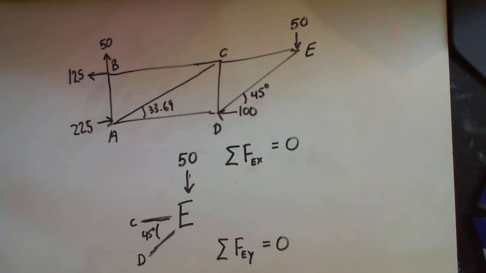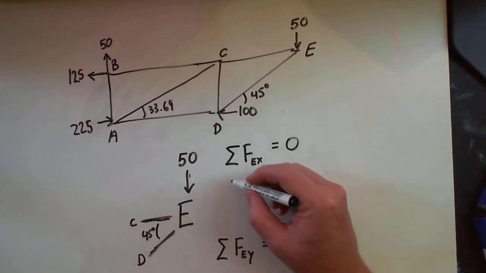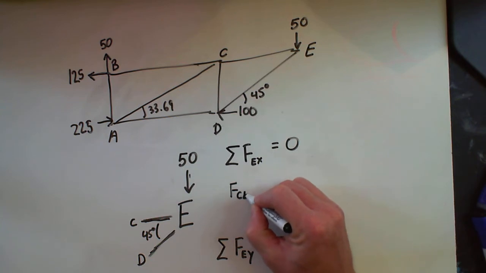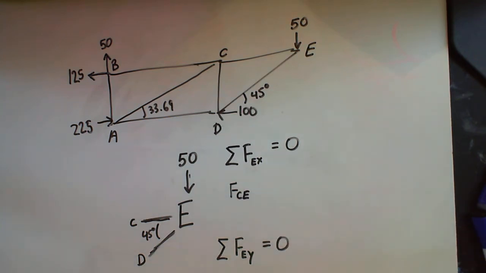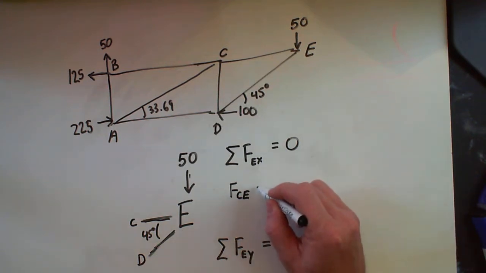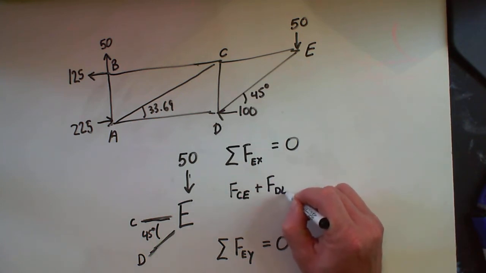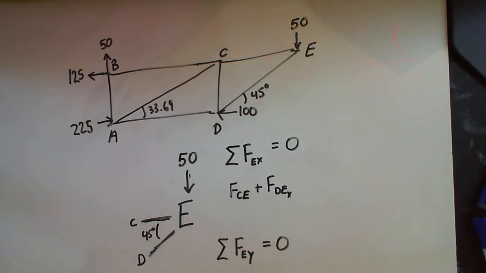CE is a horizontal beam, and therefore the entire force is horizontal. So for CE, we have F of CE. We don't need to incorporate the x there because there is no angle. It is purely horizontal. But for ED, we have the force of DE with respect to x.